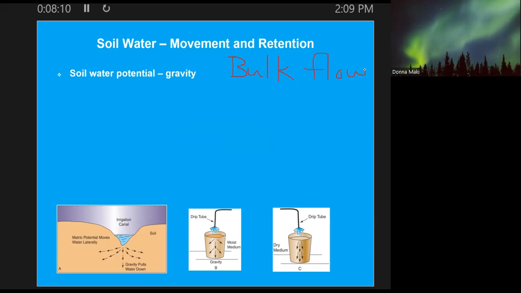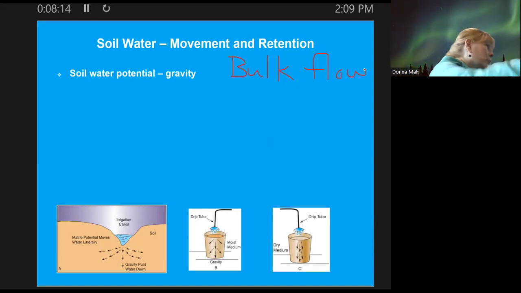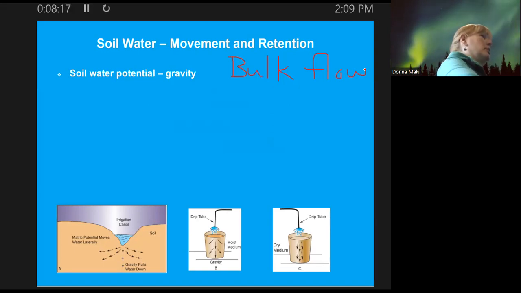So you don't have a bunch of breakup of water molecules independent from each other. You have this stream of water going out into the soil. So it moves by bulk flow en masse. They'll say it moves en masse through the soil.